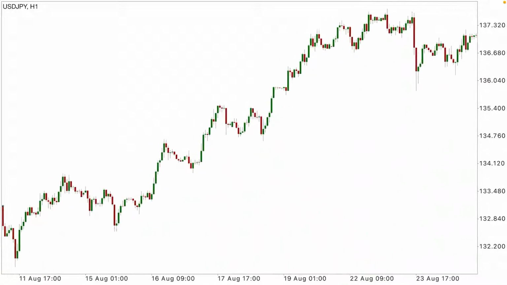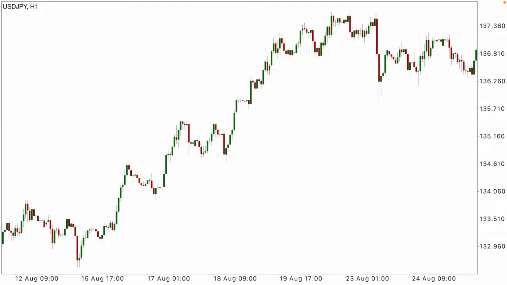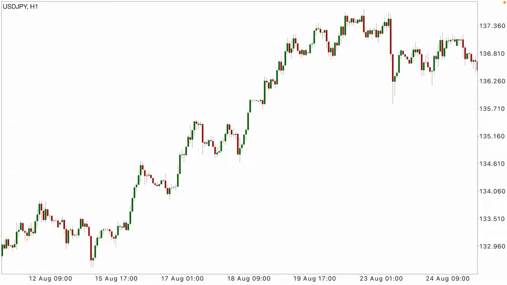So this is our chart. What you need to do is to install the indicators.